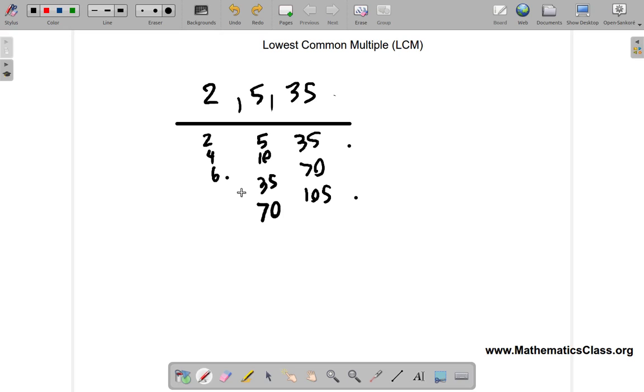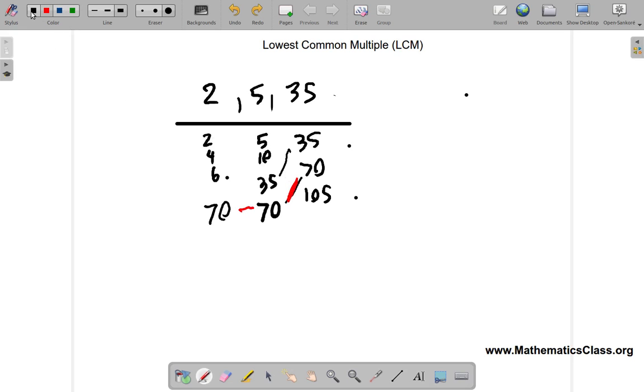No, it's not. If you divide 35 by 2, you're going to get a remainder. So let's see, we can rule out the 35. Doesn't work. What about the 70? Could it work? Can 2 go into 70 directly? Of course. 70.